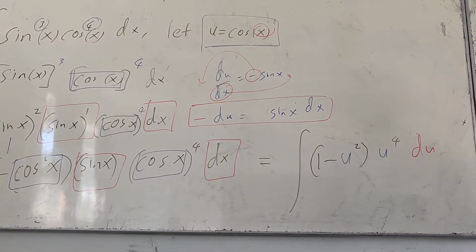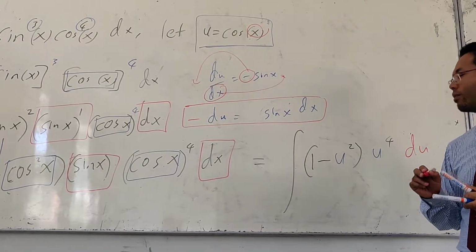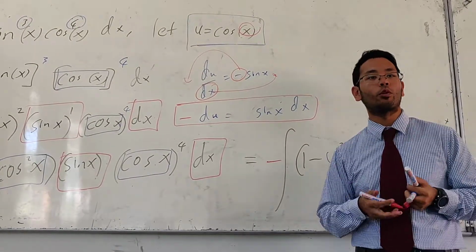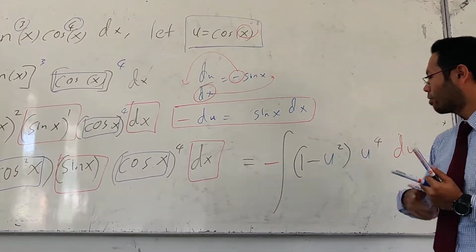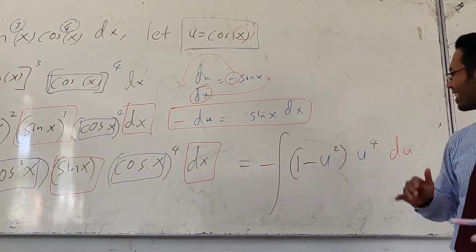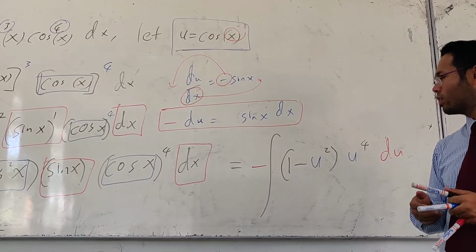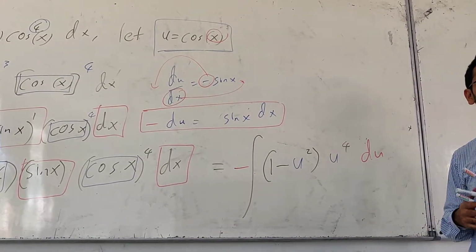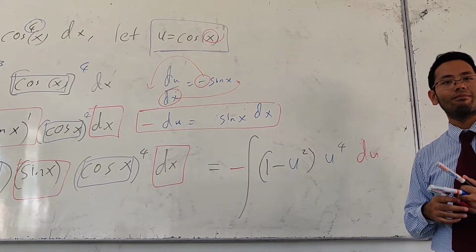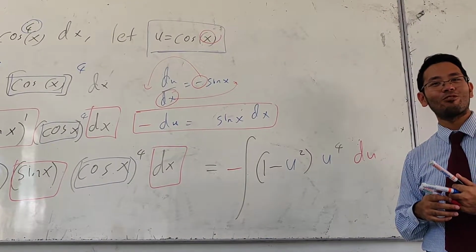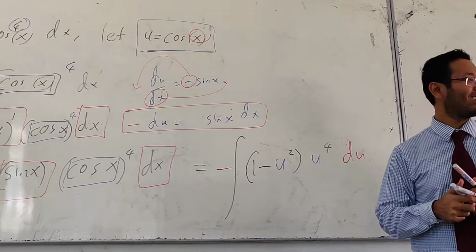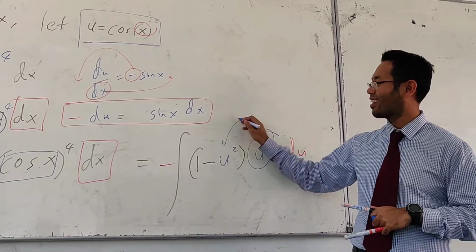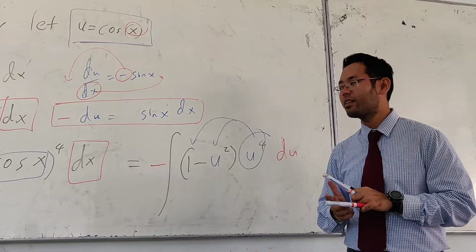What about the negative? Outside. You can put it inside, not a problem, but I prefer to put it outside because most of the time you're not going to use it. Normally for constants, I prefer to put them outside. Okay, so from here, what should we do next? You only substitute; there's no point substituting there. Multiply.